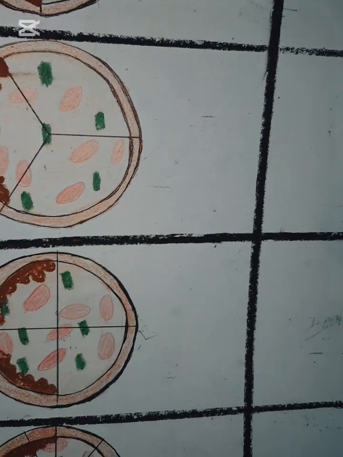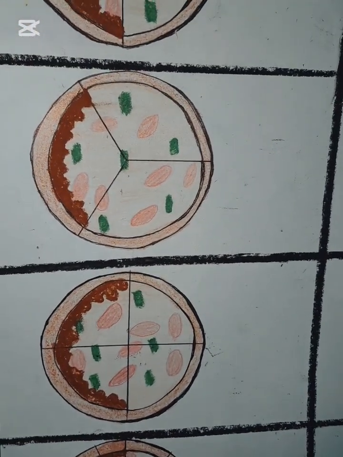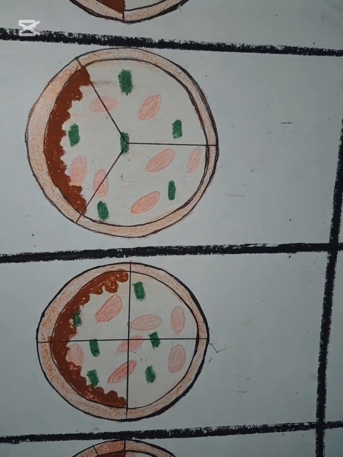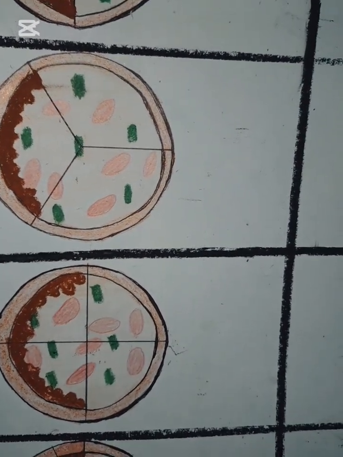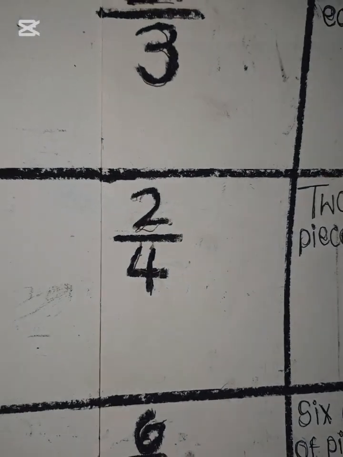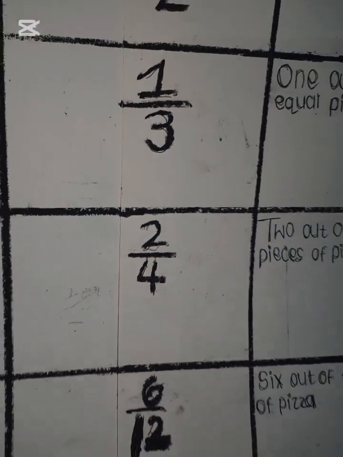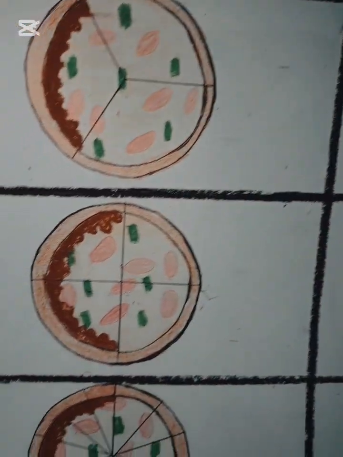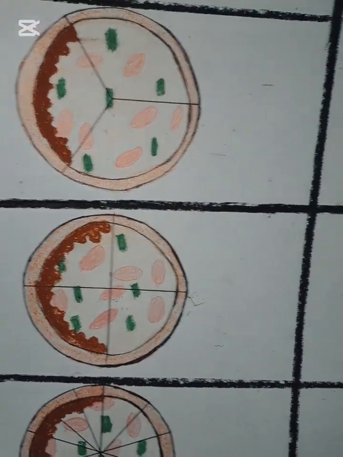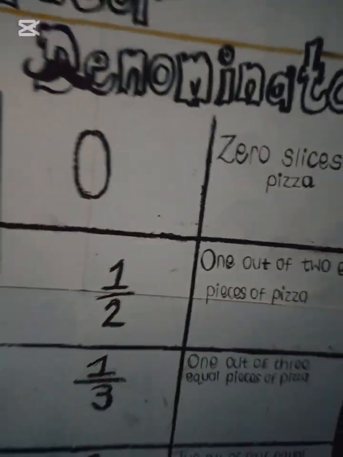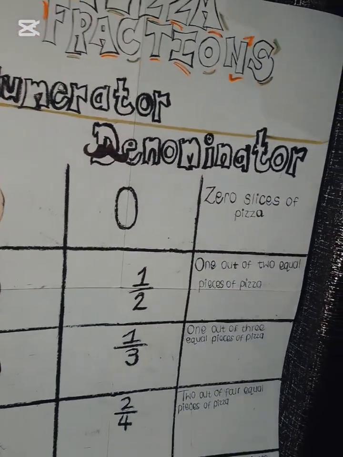Therefore, he decided to give her two this time. Out of the four pieces, he decides to take out two. So therefore, at first, he had four pieces of pizza. Therefore, our denominator is four, and he decides to share two out of those four pieces. Therefore, we see that our fraction now becomes 2 over 4.